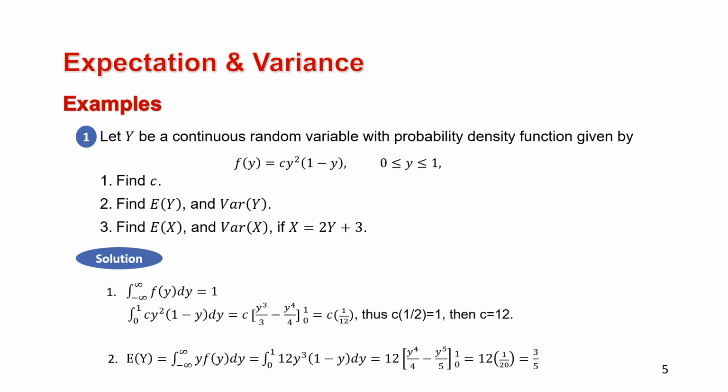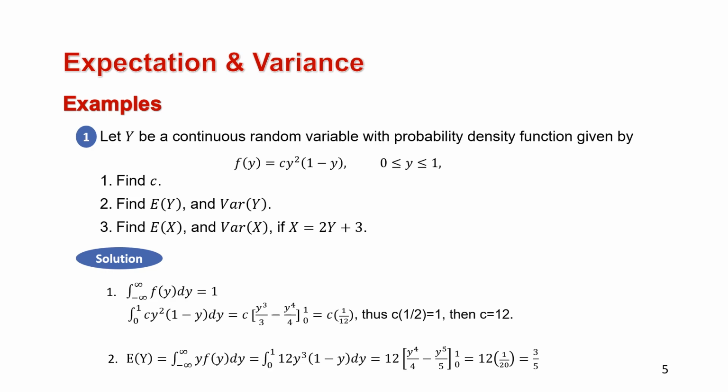Now, how can we find the expected value of y? Let's integrate from negative infinity to infinity, y times f of y, dy. But then let's integrate from 0 to 1 for our example, 12, and let's multiply y times f of y. But then I will get y cubed times 1 minus y.